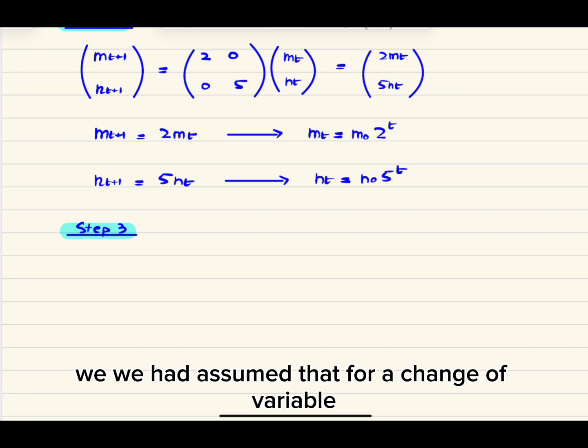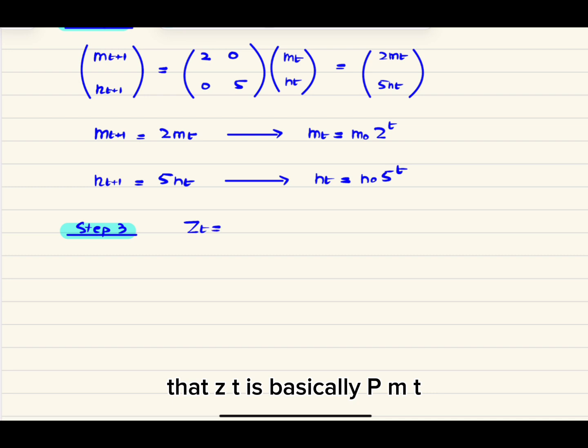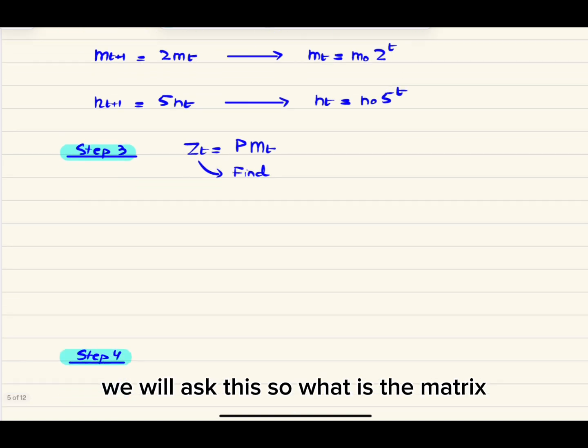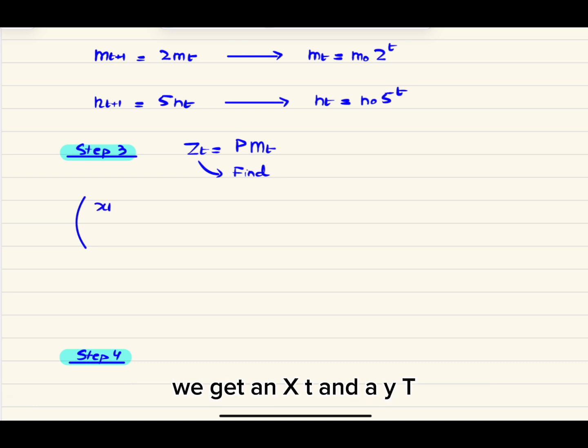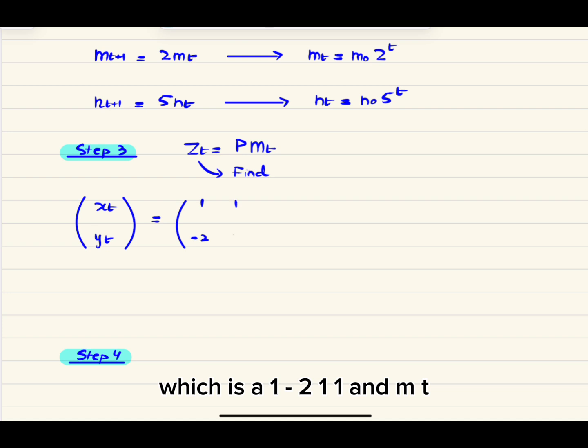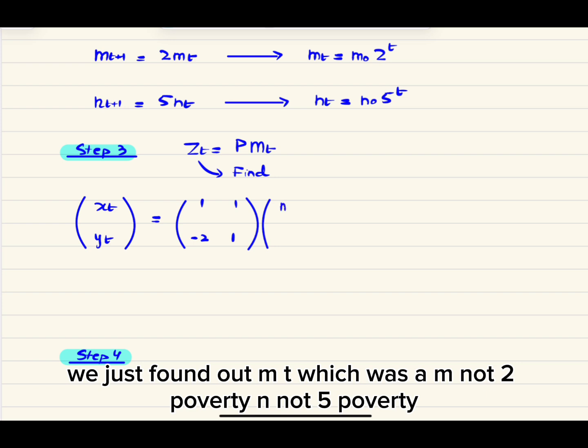We had assumed for a change of variable that z_t is basically P times m_t, and this is what we wanted to actually find, right? We were asked this. So what is the matrix? We get an x_t and a y_t, and the P matrix was the matrix consisting of the eigenvectors, which is 1, -2, 1, 1, and m_t, which we just found, is m naught 2 power t, n naught 5 power t.